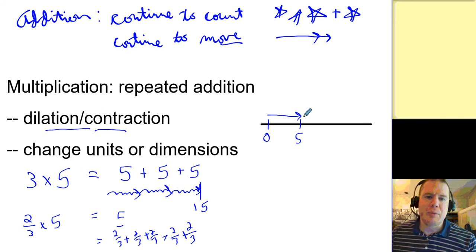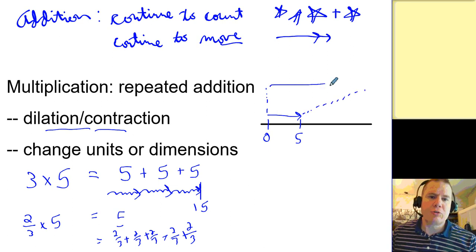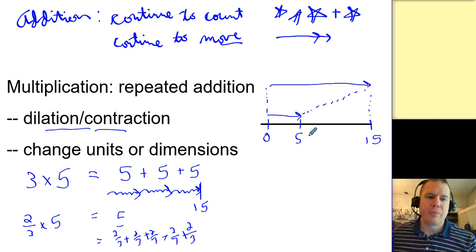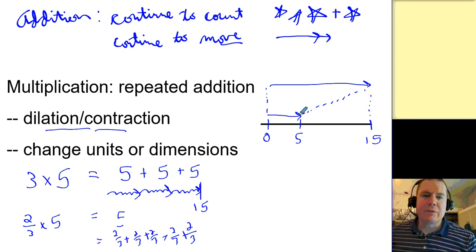I'm dilating it. I'm stretching it out to 3 times its normal size. It's not so much that I'm taking this arrow exactly 3 times, though since 3 is a whole number, that's what I'm doing. But I'm stretching it out to 3 times its size.